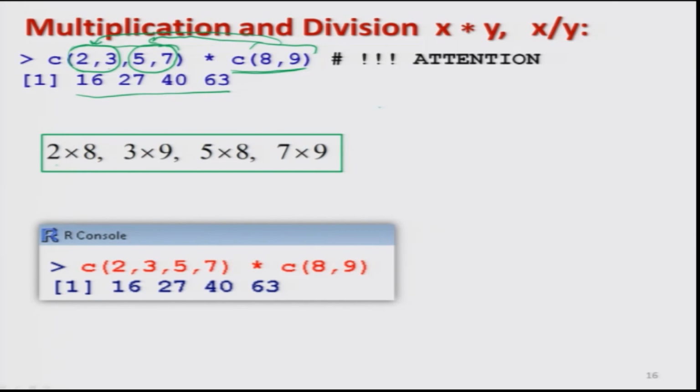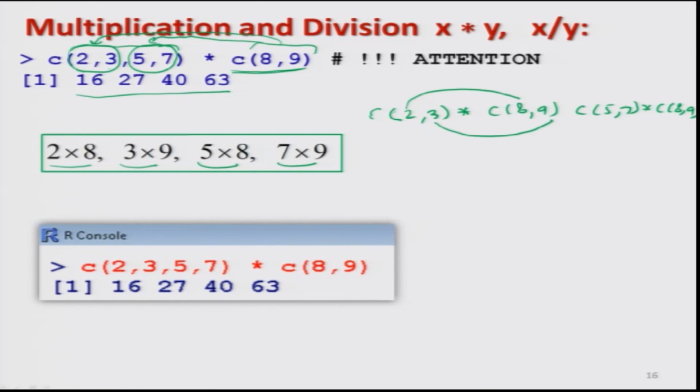So, if I try to write down what we are trying to do, it is something like (2, 3) multiplied by (8, 9) and (5, 7) multiplied by (8, 9), and this is what we are getting here, that these multiples are coming: 2 into 8, 3 into 9, 5 into 8 and 7 into 9, and this is the screenshot of this thing, right.